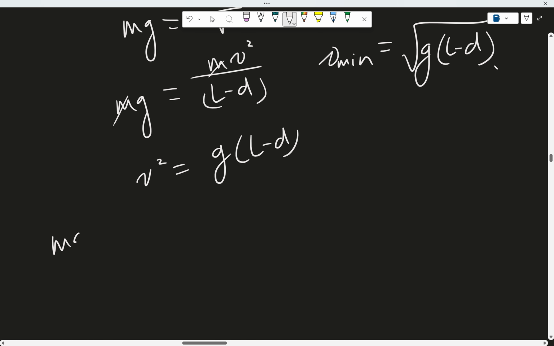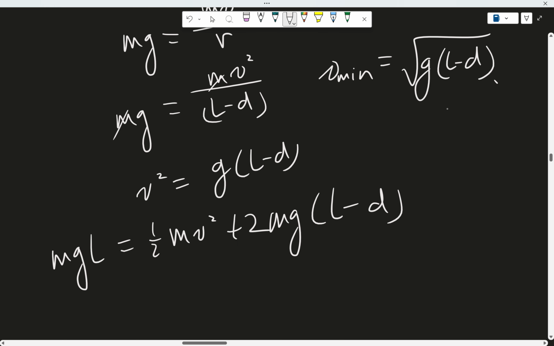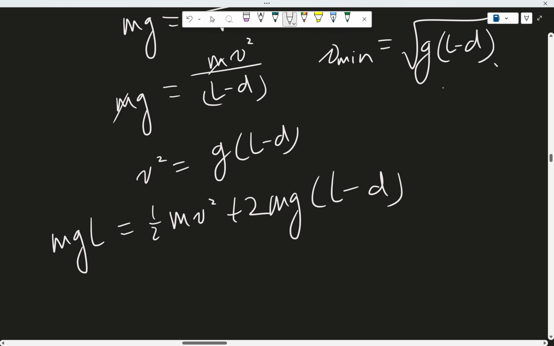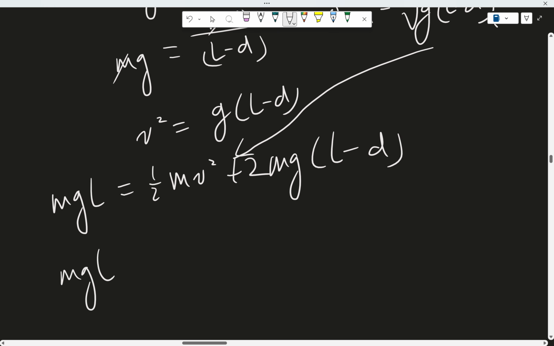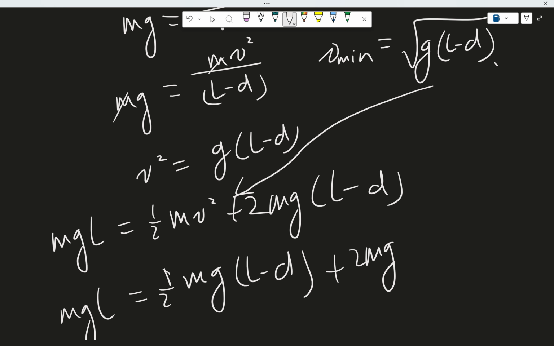So we had mgL equals half mv squared plus 2mg(L minus d). And we said v squared is g(L minus d). And so if we plug that expression back in here, we know that mgL equals half mg(L minus d) plus 2mg(L minus d).